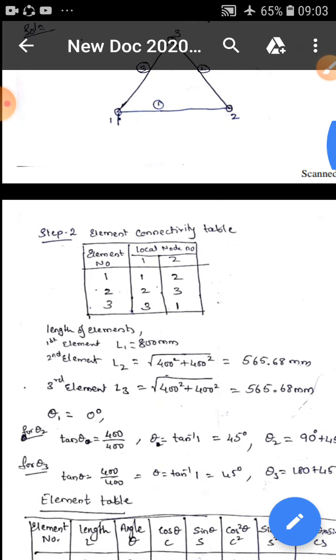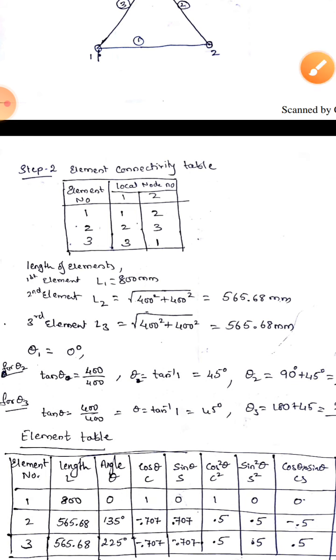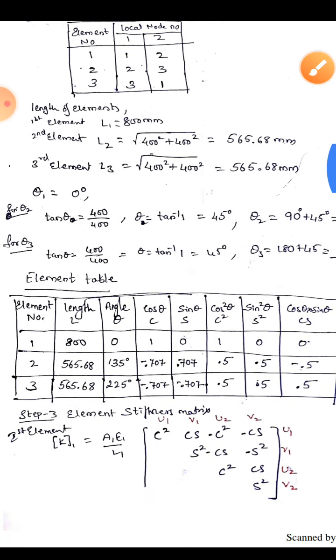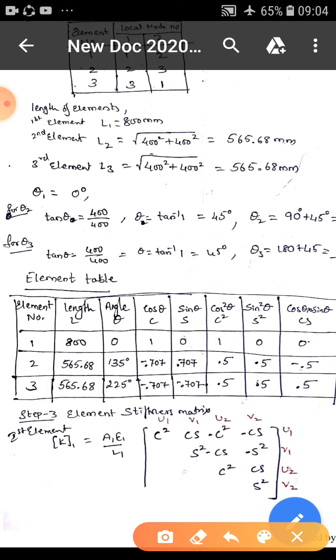Now I will calculate the length of the elements. Element 1 is having a length of 800 mm. Element 2 is square root of 400 square plus 400 square, which is 565.68. Element 3 is also having the same length, 565.68. Now to calculate theta, for the first element it is 0 degrees.